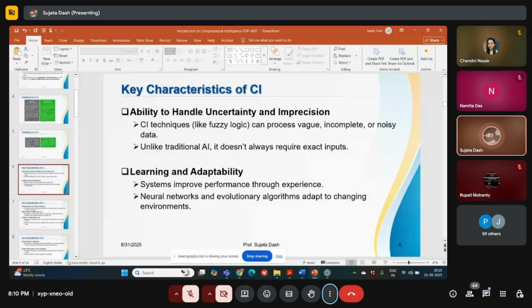Neural networks, as you know, learn from large amounts of data, just like the human brain.